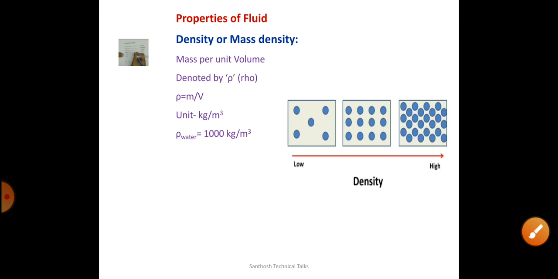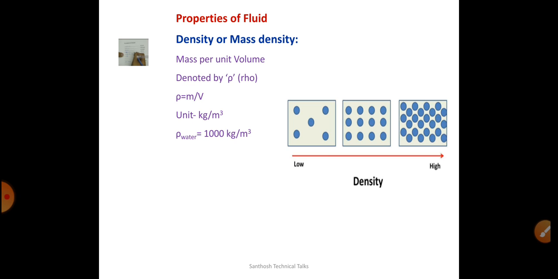Okay, so this is a very simple illustration of the density. By the arrangement of the molecules or the atoms, if they are very closely packed, then we can say the substance has a high density. When it is free to expand or contract, or there is an intermolecular gap between the molecules, then it has low density.